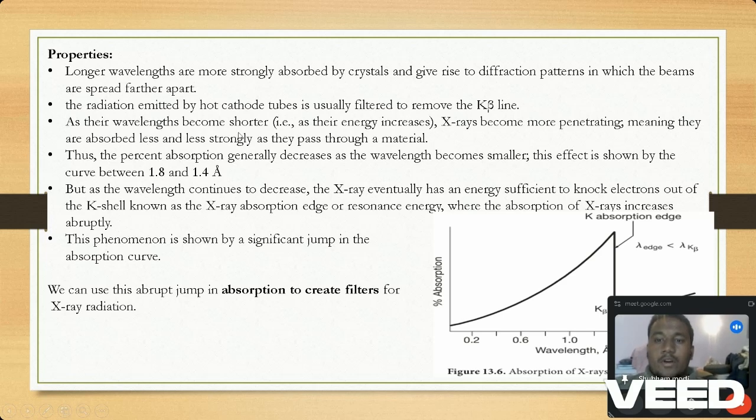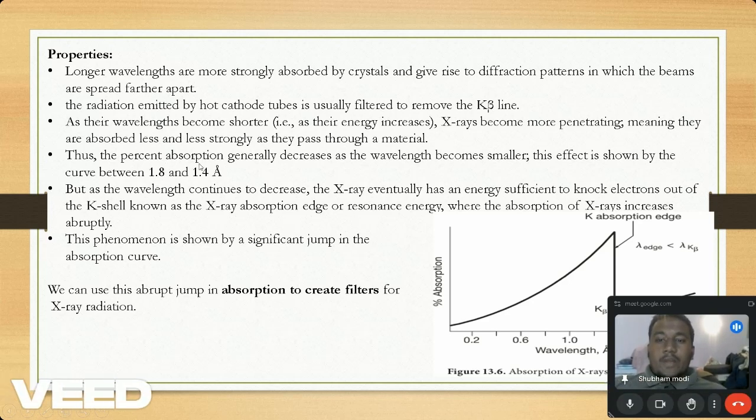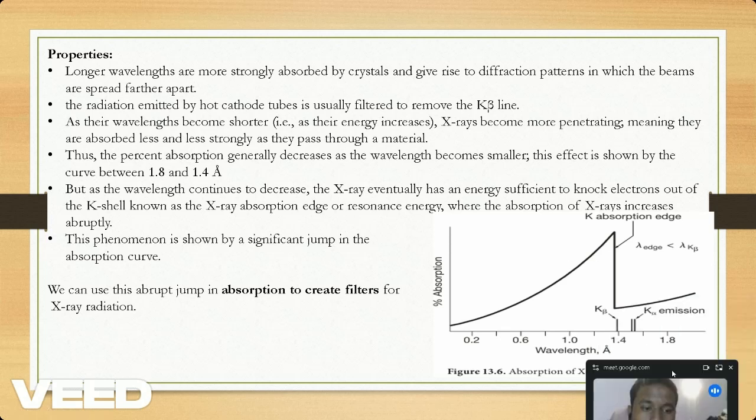As the wavelengths become shorter, X-rays become more penetrating, meaning they are absorbed less and less strongly as they pass through a material. The percent absorption generally decreases as the wavelengths become smaller. This effect is shown by the curve here between 1.4 and 1.8.